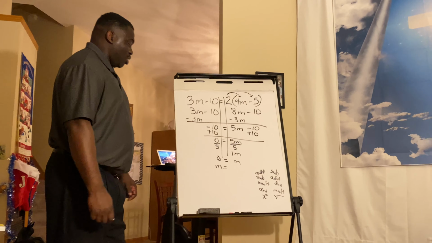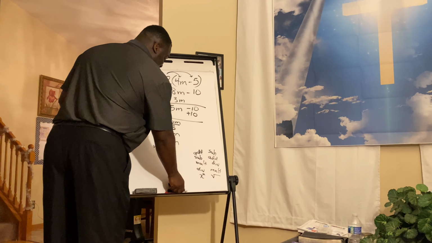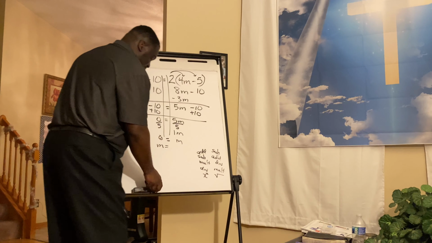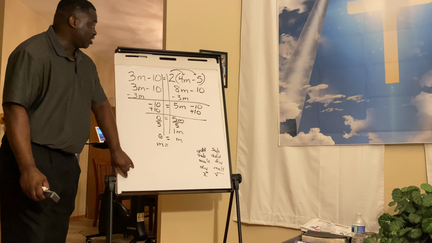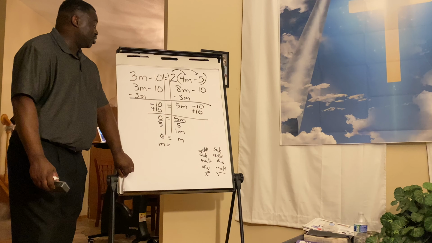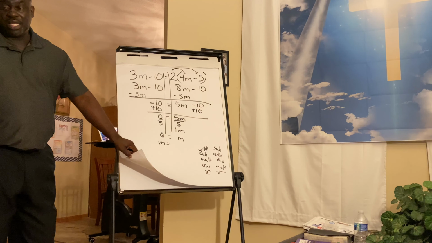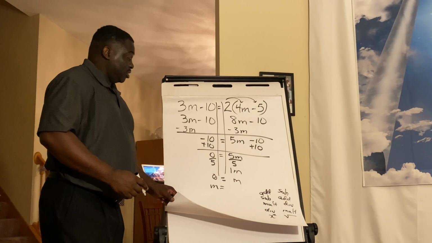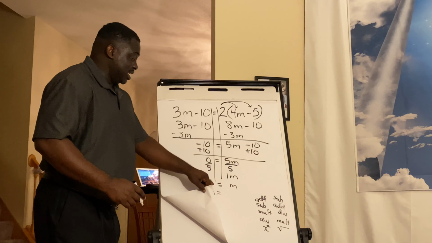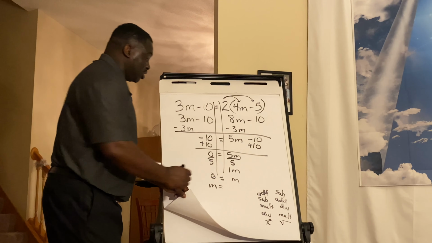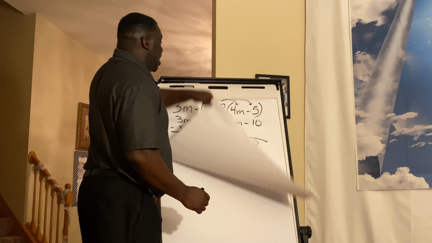M equals 0. Now let's check this. Let's check this, because a lot of people are messing up because they're not checking their problems. So the original problem was 3m minus 10. All right, so we said m equals 0. So now we're going to plug that in.